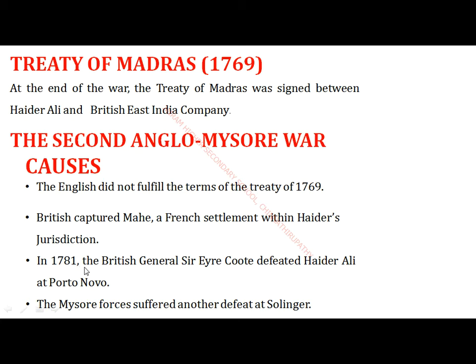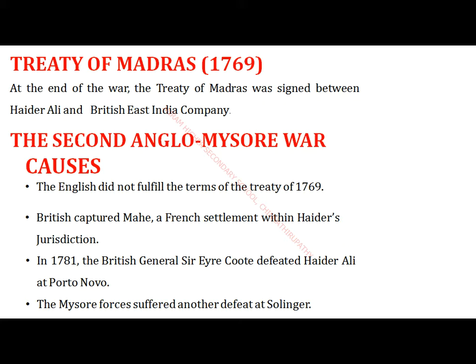In 1781, the British General Sir Eyre Coote defeated Haider Ali at Porto Novo. Porto Novo means what? Parangipettai, historically called Porto Novo, is a Panchayat town in Cuddalore district in the Indian state of Tamil Nadu.